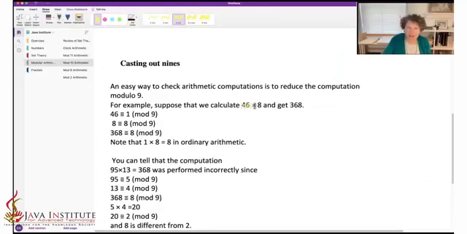Suppose you multiply 46 by 8, and your answer is 368. 46 is 1 mod 9, because 4 and 6 is 10, 1 and 0 is 1. 8 is 8, because it's already less than 9. 3, 6, 8, how do we get that mod 9? 3 and 6 is 9, and 8 is 17. 1 and 7 is 8.